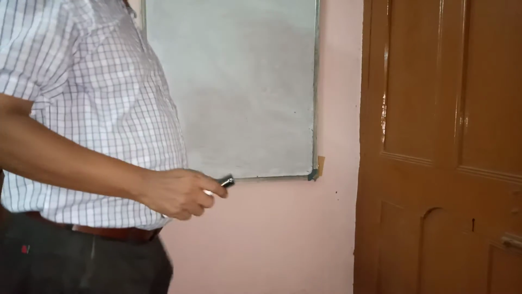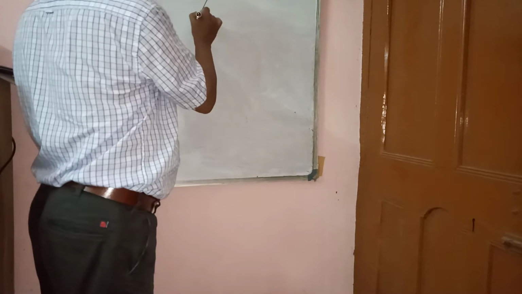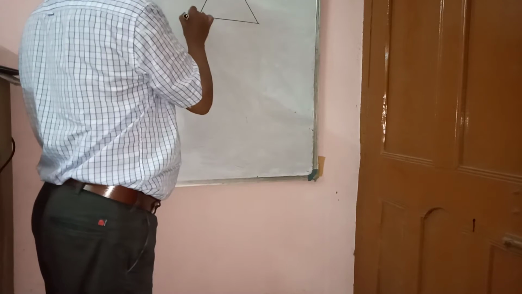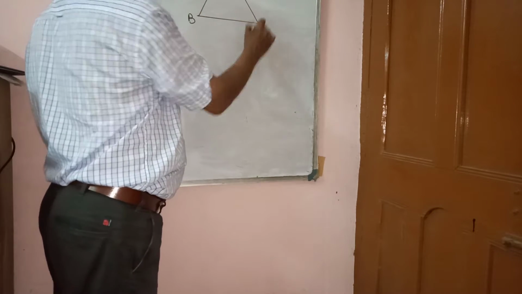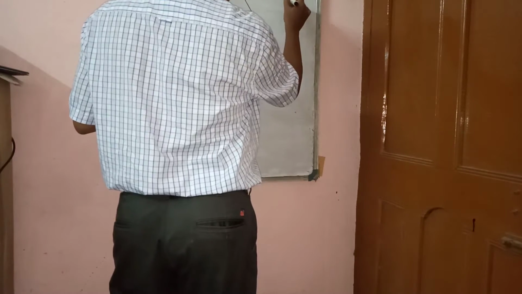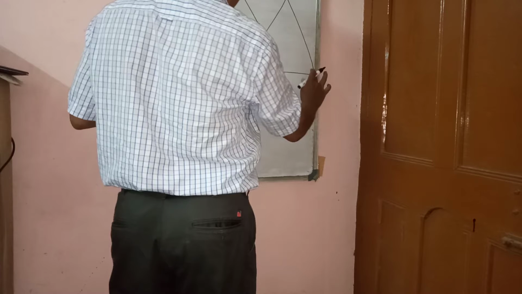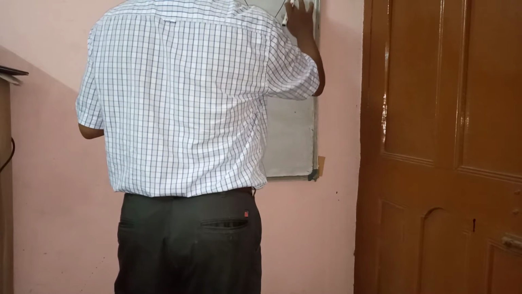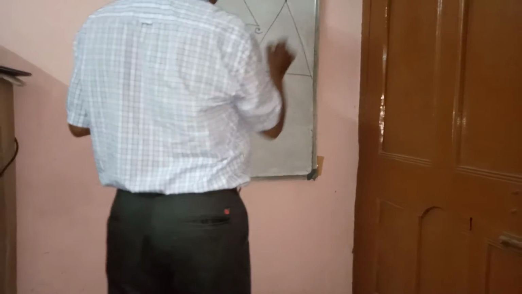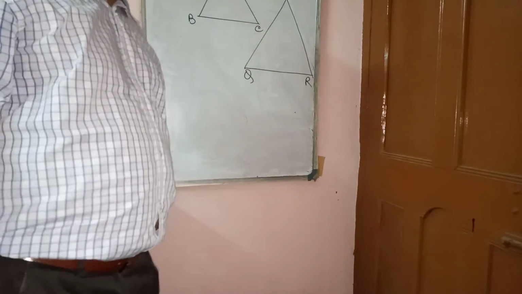See, I am showing here. Suppose rule 1 here. ABC be a triangle. Again I am writing here, suppose PQR, two triangles are there, okay?